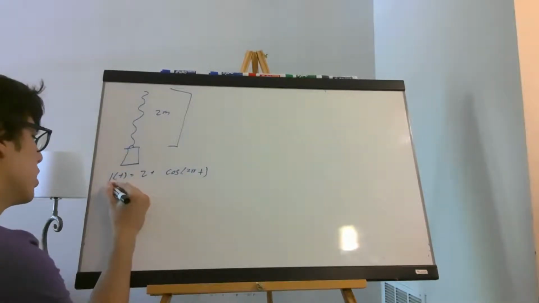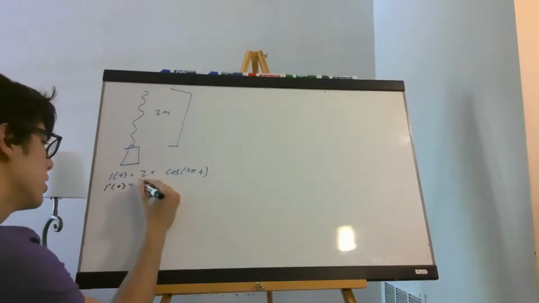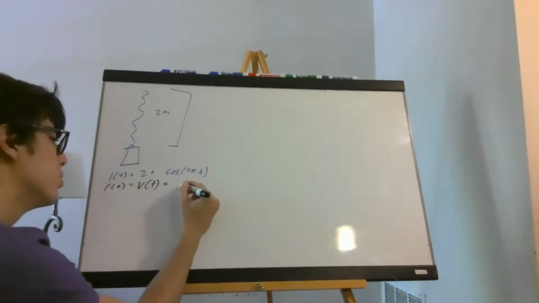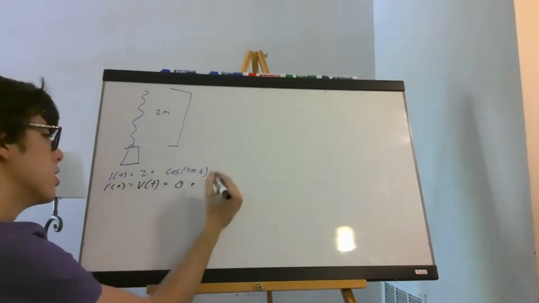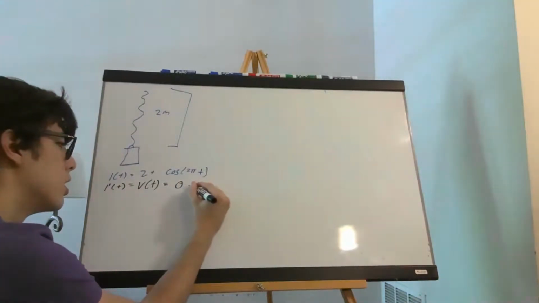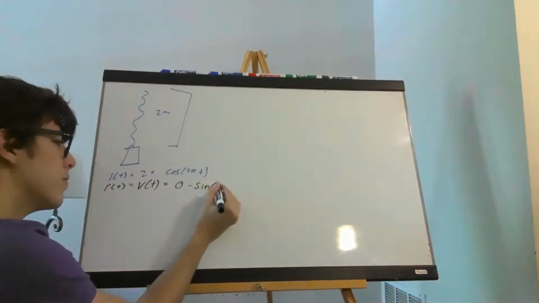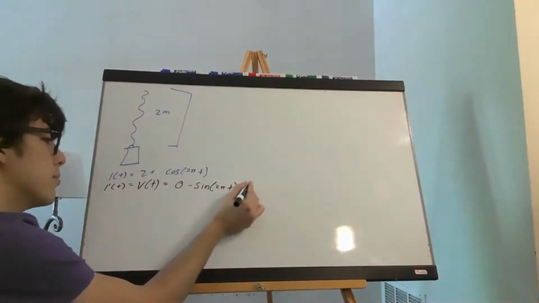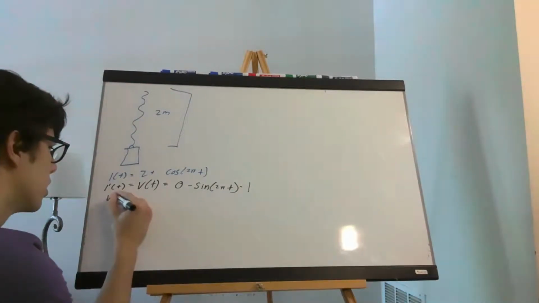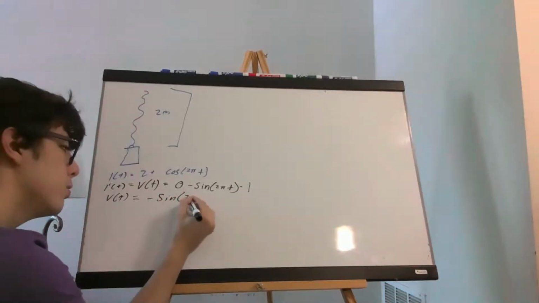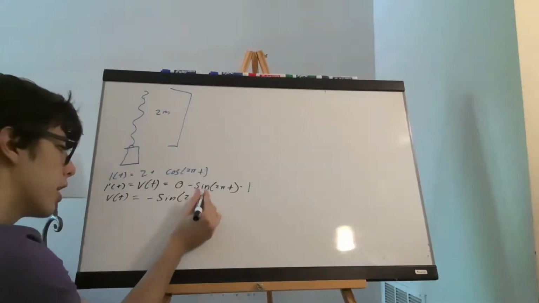So, L prime of t is equal to velocity in regards to time, which is equal to 0 plus, let's see, cosine goes to negative sine. Yeah, negative sine of 2 pi times t, and then you guys should all know your chain rule at this point, times 1. So we get v of t, velocity of t, is equal to negative sine of 2 pi t. What are the odds of that?